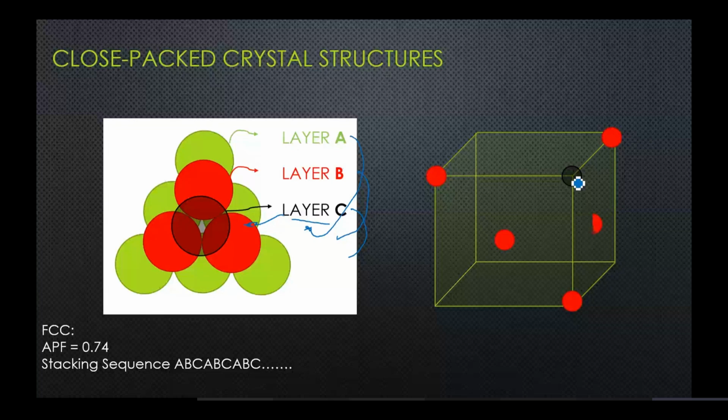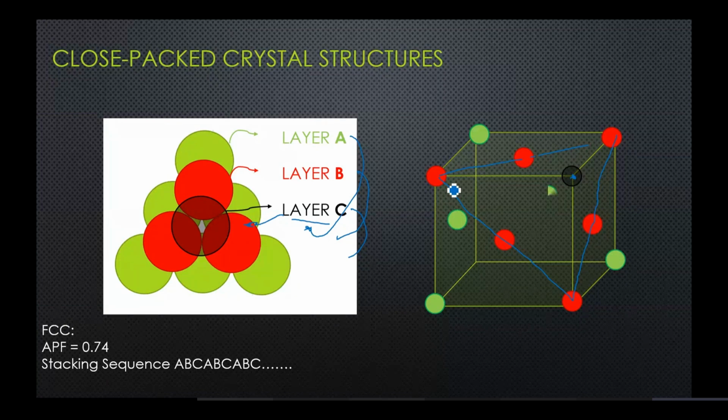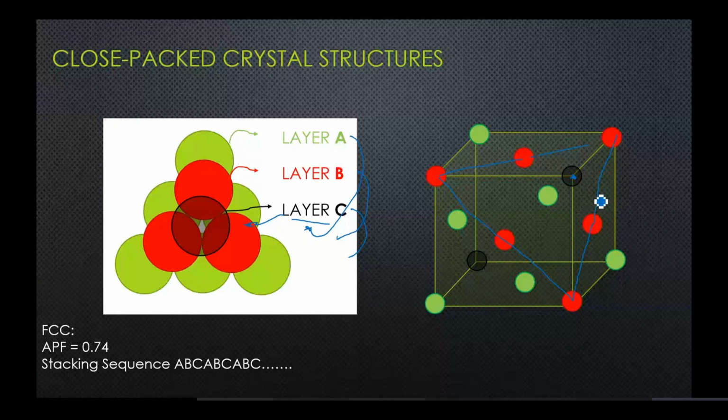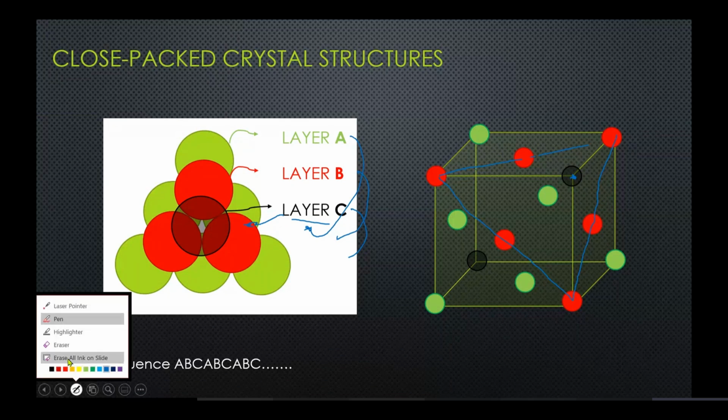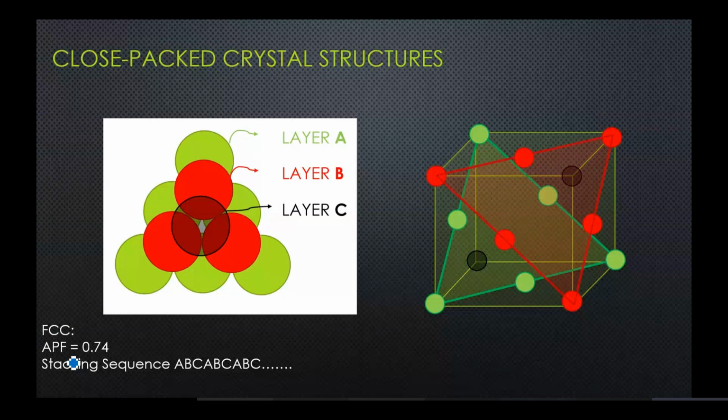If you could see in 3D, this point is above these points which are in layer B. And then you have layer A points which are below this red layer, which is layer A. So different unit cells would form layer A. This is your layer A. On top of it is layer B, and since there is only one atom in this unit cell, I cannot draw the plane itself because there would be another atom over here and some atom over here.